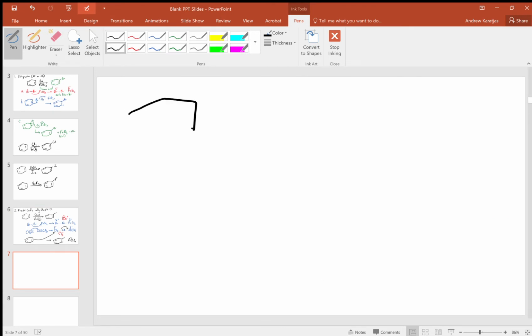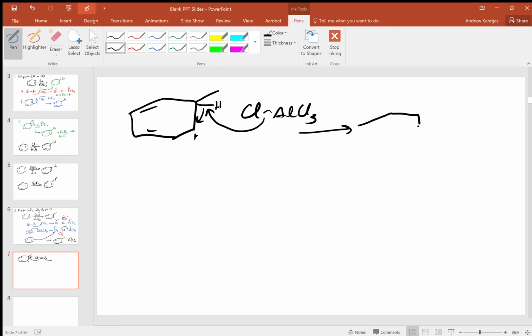From here, that extra chlorine that's now negatively charged on our aluminum reagent will come in, remove this proton, and reform the aromatic ring. So an almost identical mechanism to what we learned for halogenation.